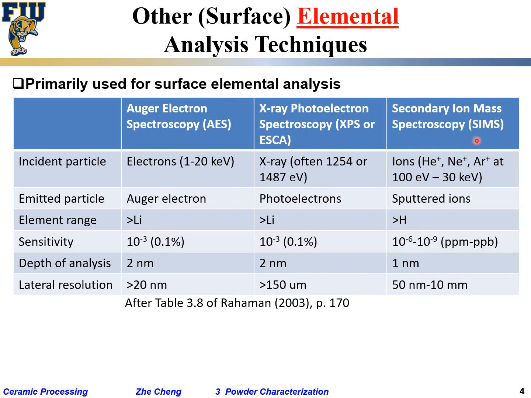The third one is so-called SIMS, secondary ion mass spectroscopy. We use charged ions, such as helium or argon ions, sputtered onto the material, knocking out the elements as ions, and collect all those different ions. Anything heavier than, or including, hydrogen can be analyzed.